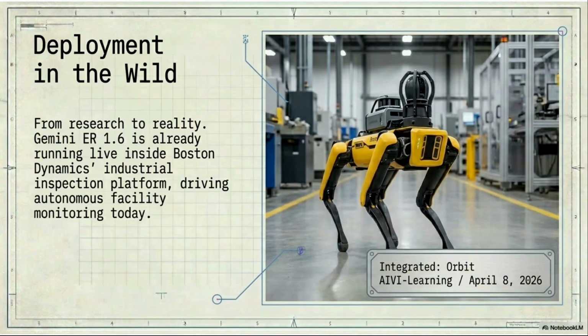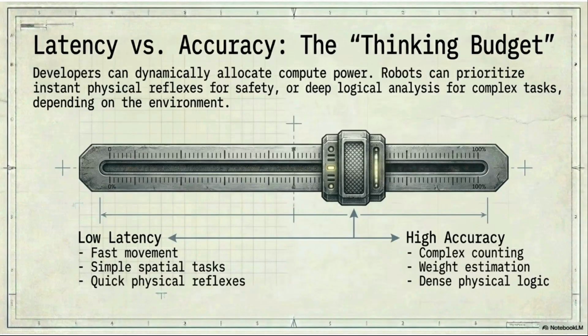The Spot dog deployed the ER 1.6 model, so you can check out the video also. As I said before, the thinking budget is important. Another thing has also been developed in this ER 1.6 preview.